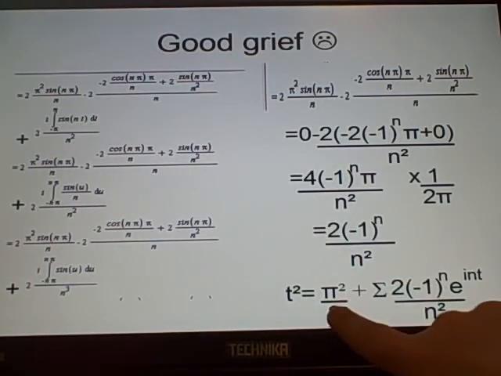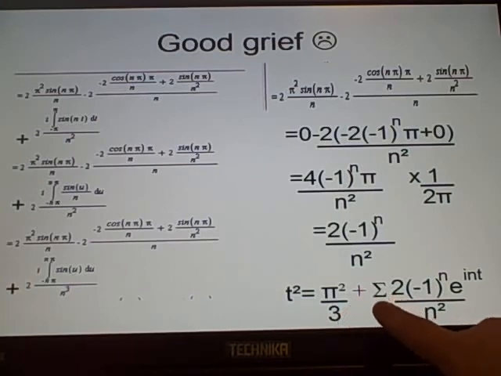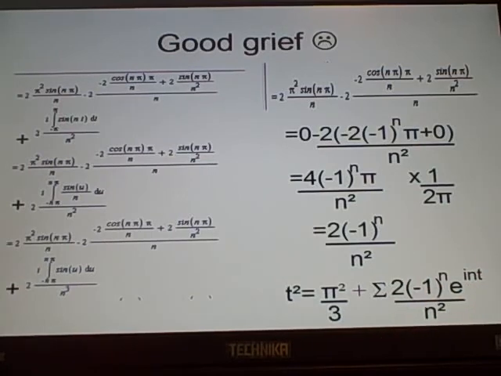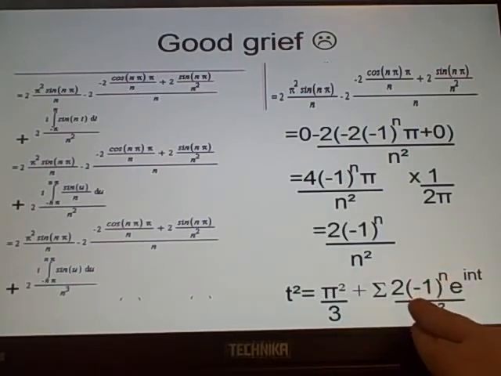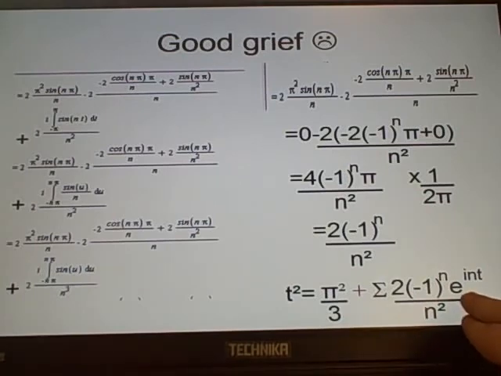We have our t squared can be expressed as pi squared over 3 plus the sum of 2, this is from minus infinity to infinity, but n can't be 0, which is fair enough, yeah. 2 times minus 1 to the n over n squared times e to the i n t. And that is your solution. I hope it's readable, but it is very long.